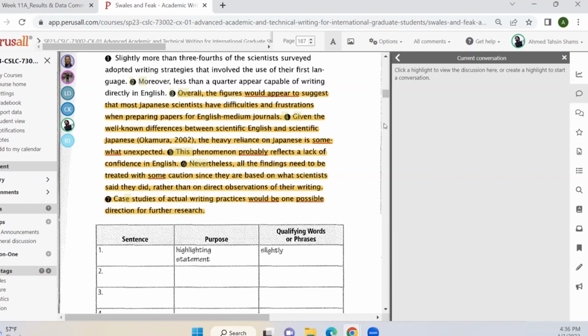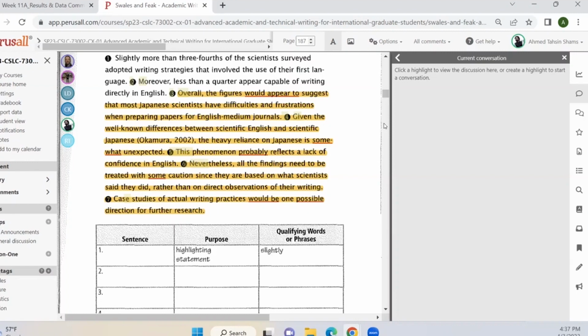Conclusion, correct? Because you're using "overall," something was done. We can say it's a qualified conclusion, right? So the third sentence is actually the conclusion we got. So this is the problem, the difficulty, the frustrations.